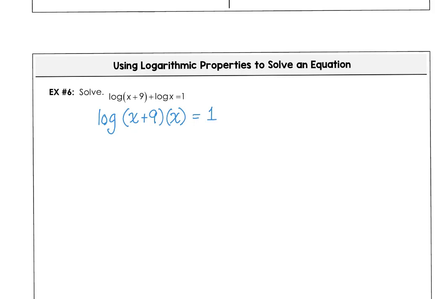So the log of a product is equal to the sum of the two logs. By multiplying, we've got x squared plus 9x. And again, notice I have base 10. So the log base 10 to the first power is equal to our number x squared plus 9x.